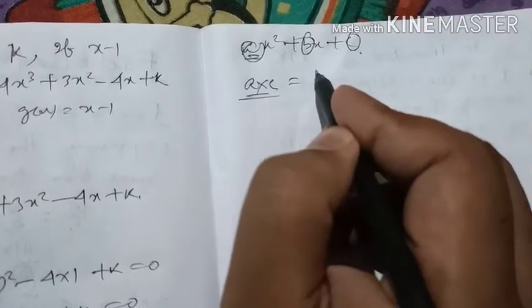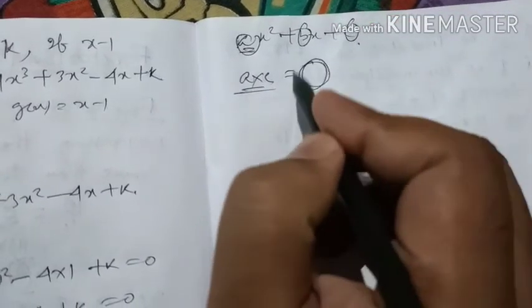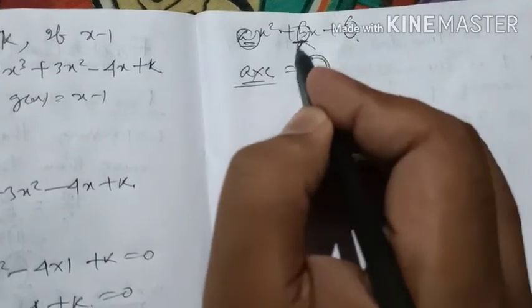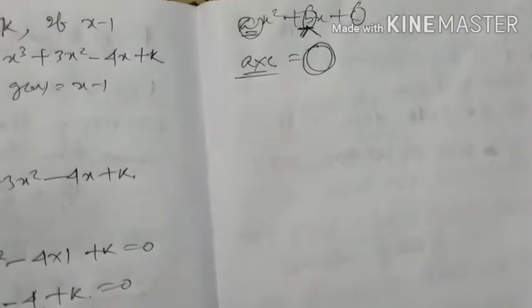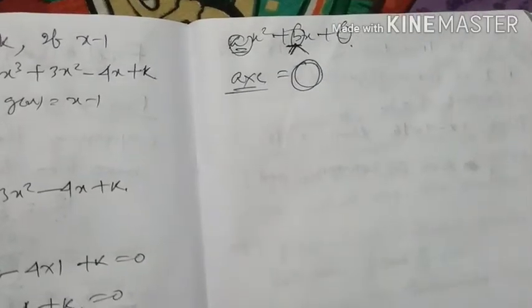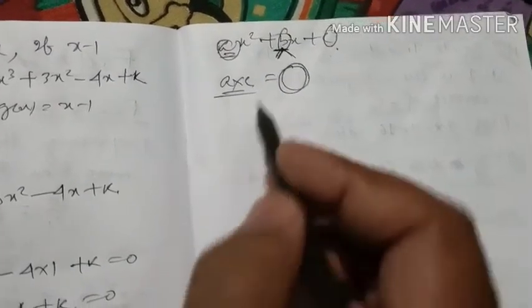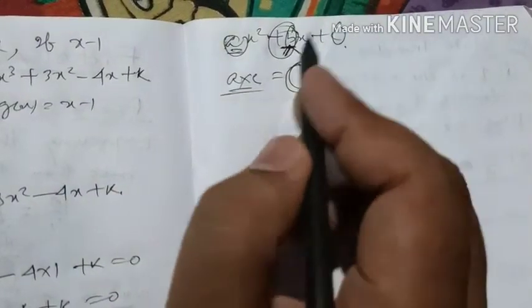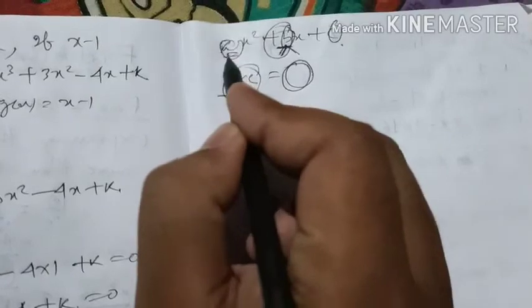What will we get? Then what we have to do? We have to split the middle term so that their addition or subtraction will be b, and their multiplication will be a into c.